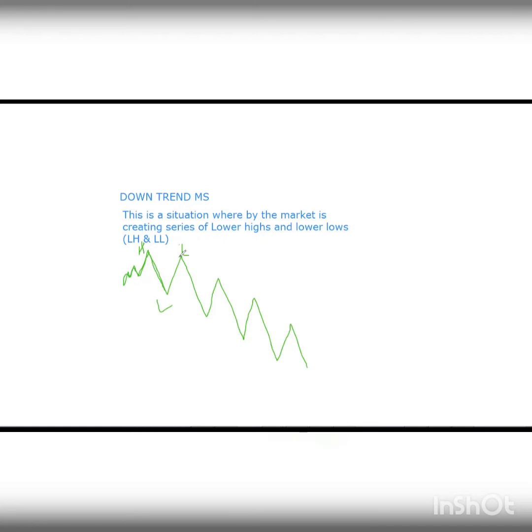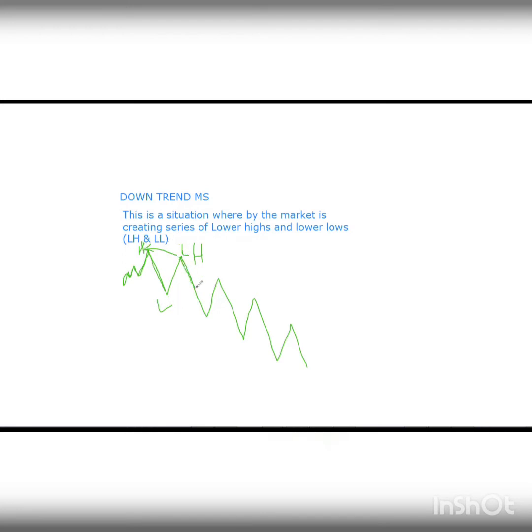When we're talking about the bullish trend, the higher low is always higher than the previous low. But now this high here is lower than this high here. That is why we call it a lower high.